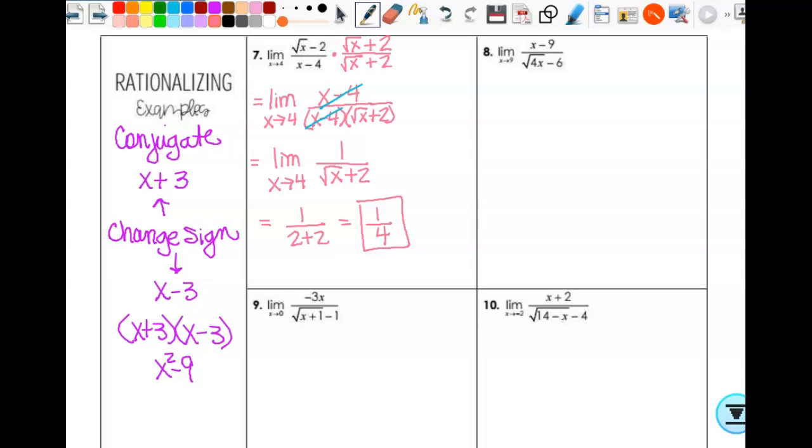All right. So let's look at number 8. What do you think I'm going to use for the conjugate here? Exactly. Square root of 4x plus 6.